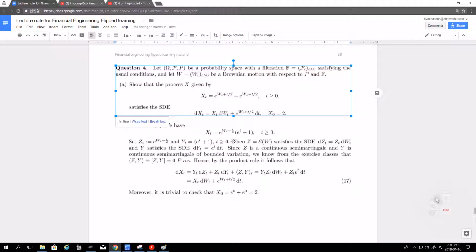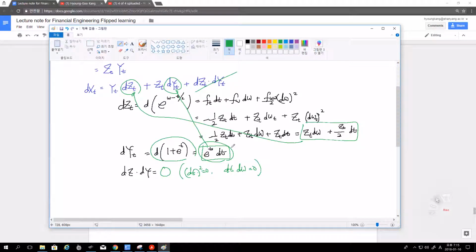Next, let's move to the next one. But actually, I think there is a slight mistake over here, in dt. Sorry, I have to divide it by 2 over here, and certainly there is no divided by 2.